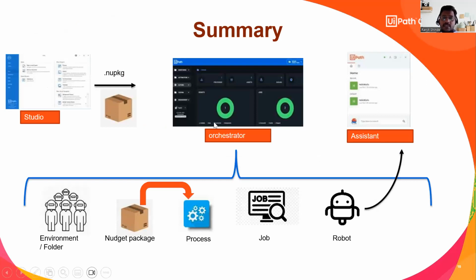So you can see here I have some images. From the studio we will publish that code in a NuGet package, .nupkg. It is called the NuGet package, and it is deployed to the orchestrator, and we will run that process on a client machine with the help of robot.